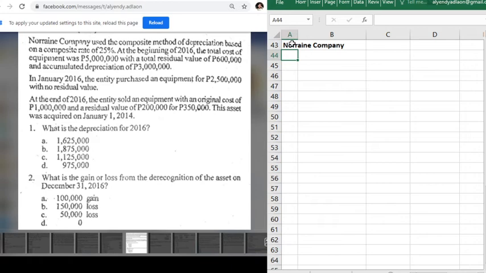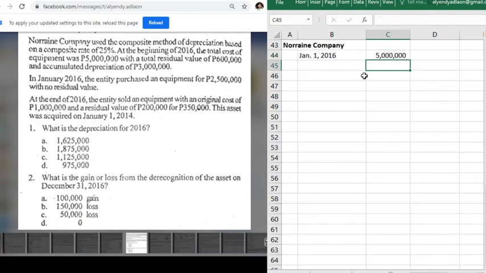Now, let's see. At the beginning of 2016, the total cost of equipment was 5 million. Take note, class, that this is still the total cost at the beginning of 2016. Since during the year there are assets that were already sold, this 5 million pesos is still not our basis.